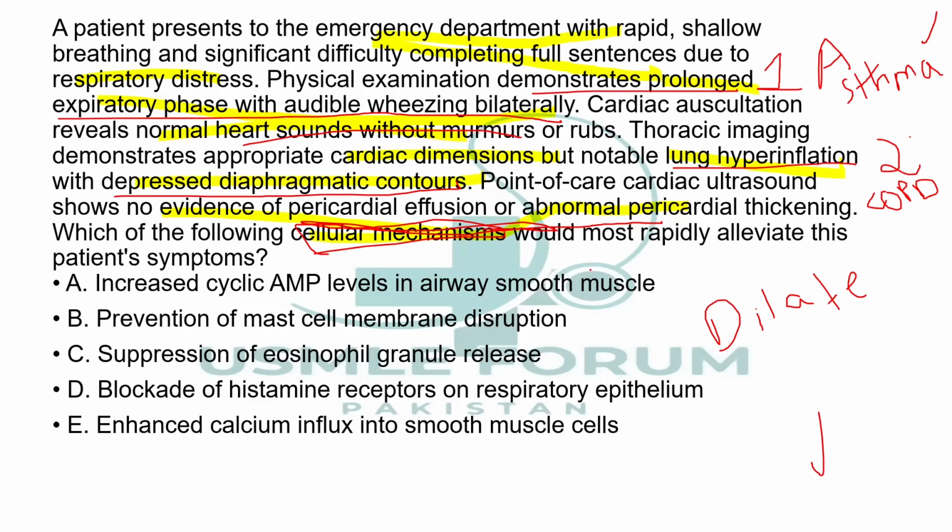Beta 1 is in the heart, so don't confuse them. Beta 2 is in the lungs, so they are bronchodilators. You basically just have to know the working of beta 2, then you can figure this out.